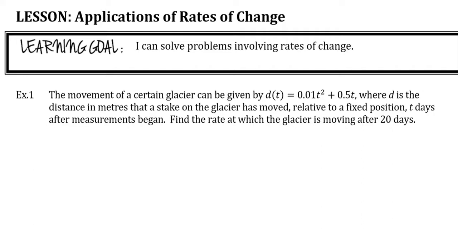It makes more sense to talk about which part of the glacier, especially since it might be turning as it's moving around. So it's the distance that a stake on the glacier has moved relative to some fixed position after t days. Find the rate at which the glacier is moving after 20 days.